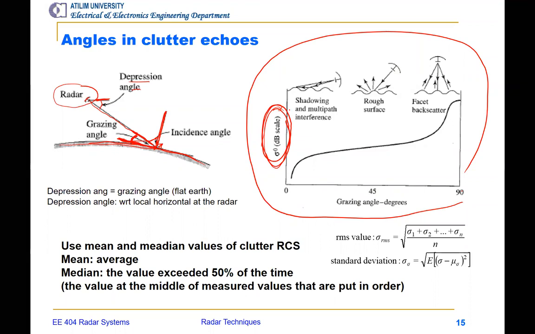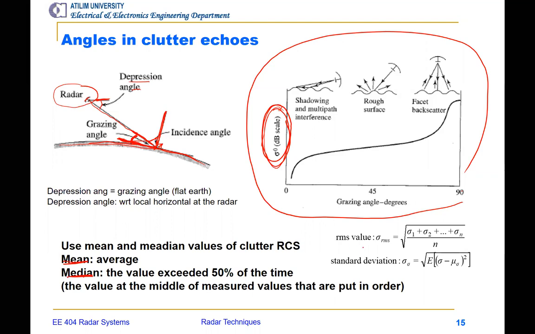Usually, we have to conduct measurements and collect data, and then analyze the data statistically and try to evaluate how reflectivity varies with the frequency and the object. In doing this, we got statistical characteristics as usual: mean value, median value, standard deviation or variance, and RMS value.